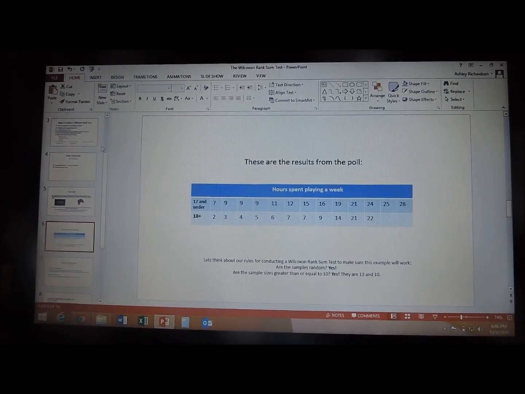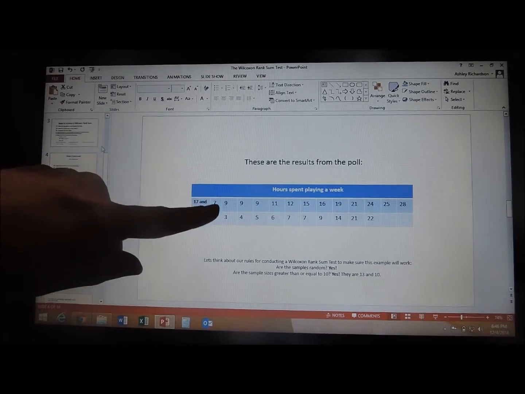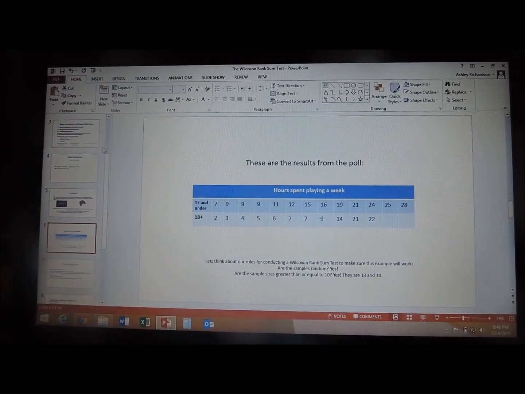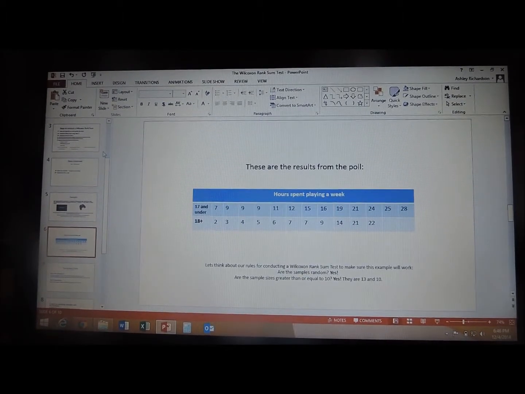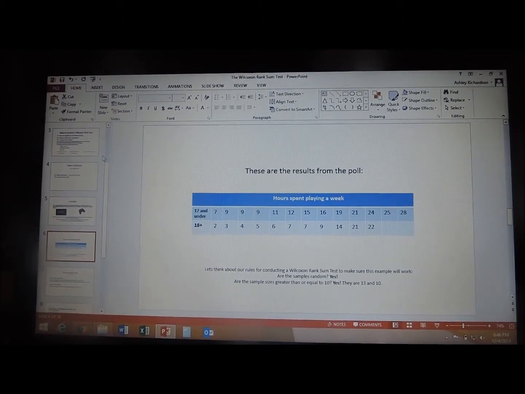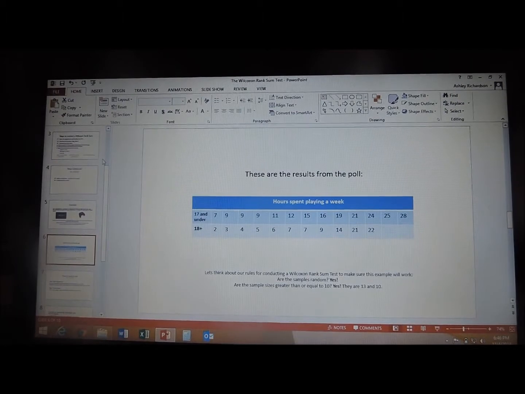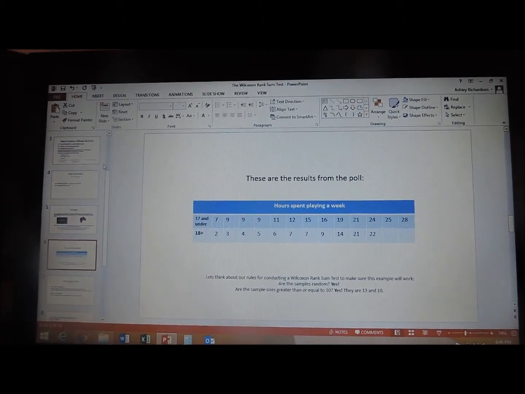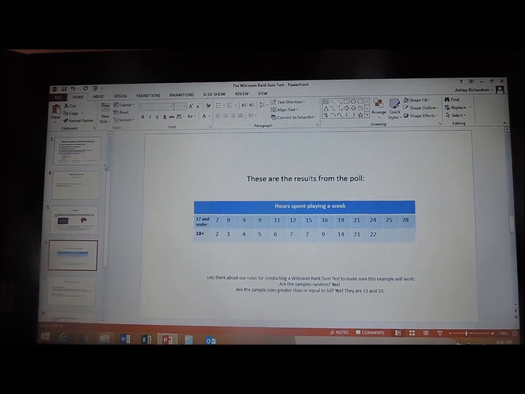These are the results from the poll. Our 17 and under category, individuals said they played 7 hours. Another individual said 9. 2 more said 9. Another said 11, 12, 15, 16, 19, 21, 24, 25, and 28.